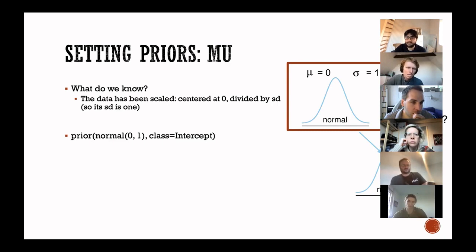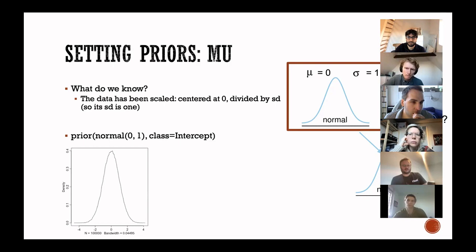Here is the syntax. We just say the prior for class intercept, for the parameter intercept, is a normal distribution with a mean of 0 and a standard deviation of 1. And this is how it looks. It's simply simulating a normal distribution, randomly sampling from a normal distribution with a mean of 0 and a standard deviation of 1.